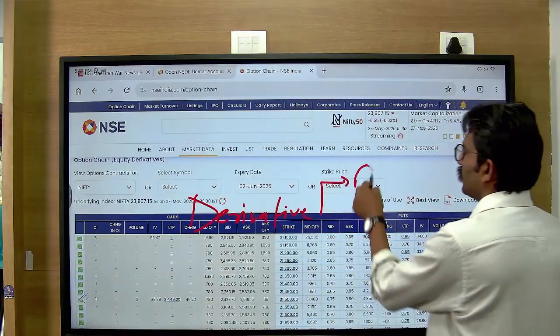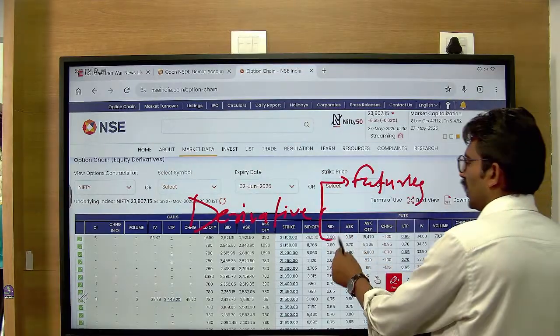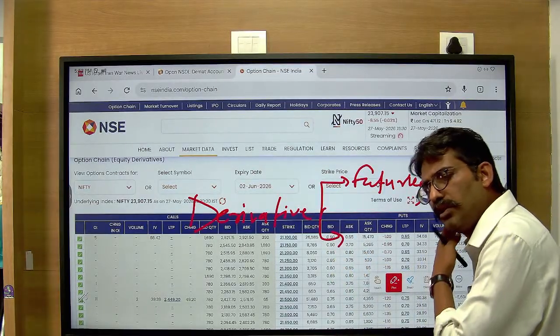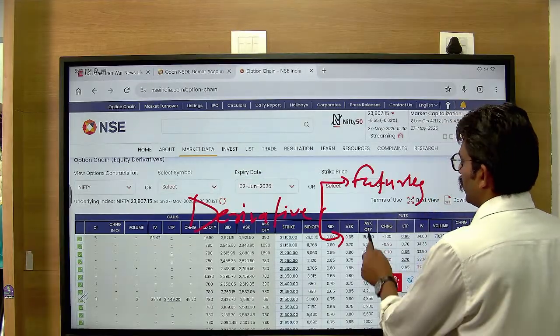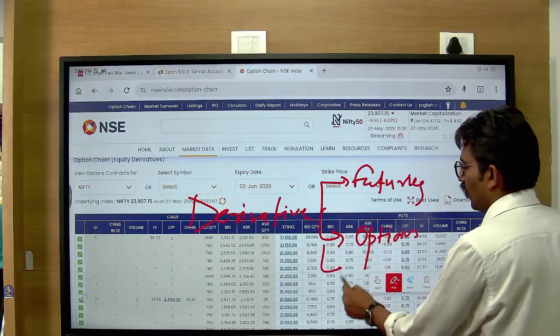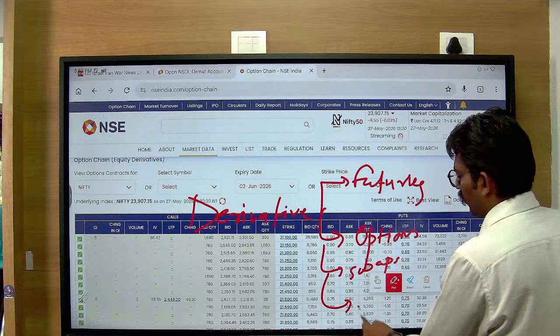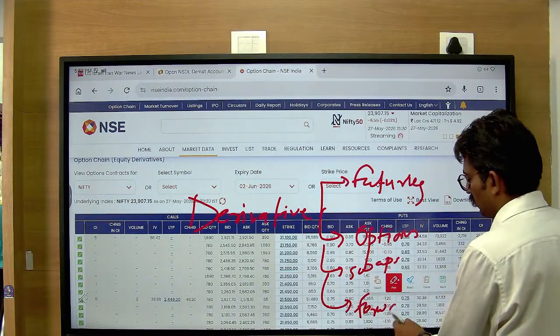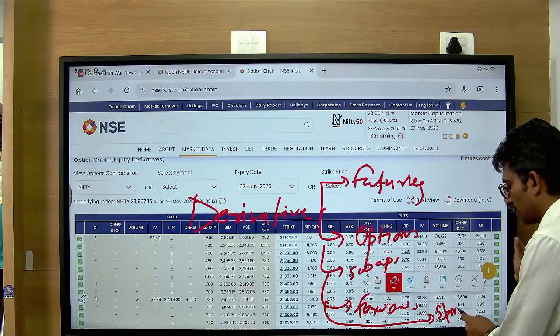There are multiple types of derivatives. As you research more, you realize that there are numerous types of derivatives and there is no end to it. The simplest form is futures, the second form is options, then there are swaps, forwards, and structured products.